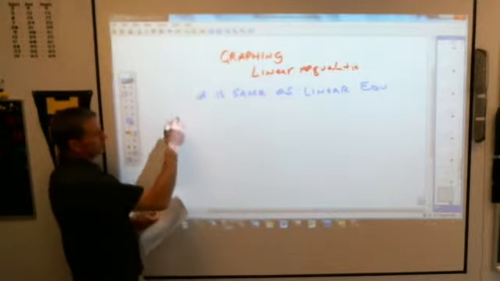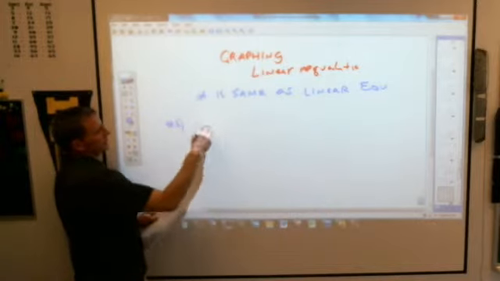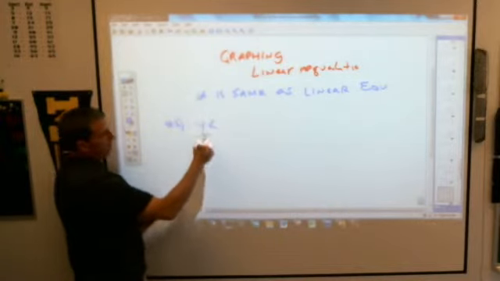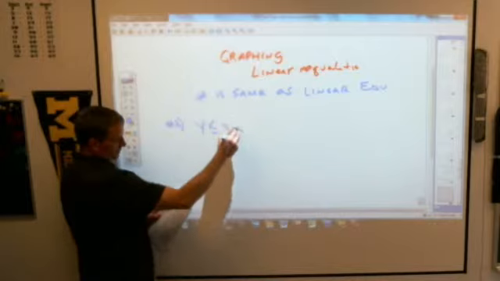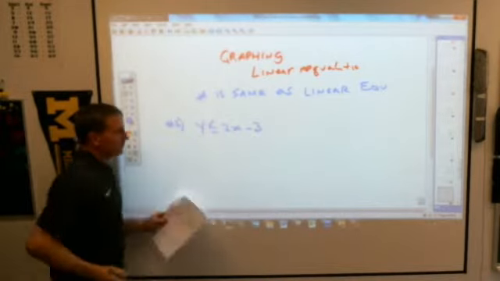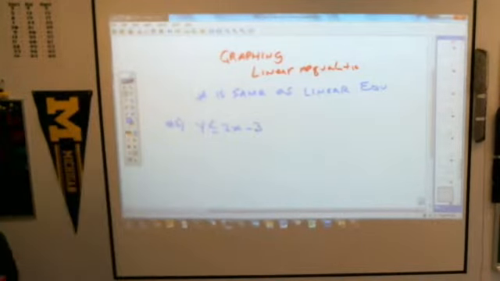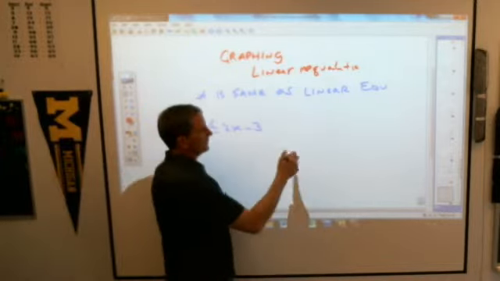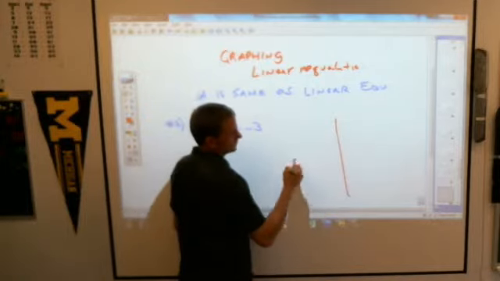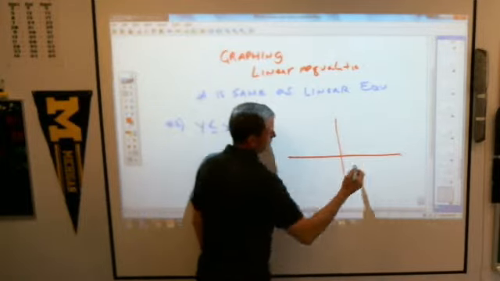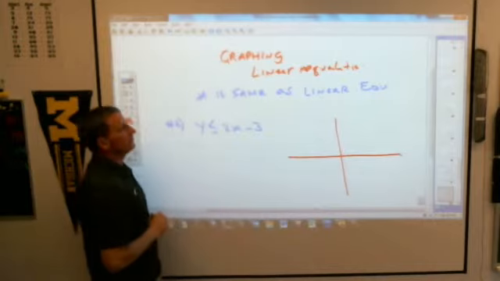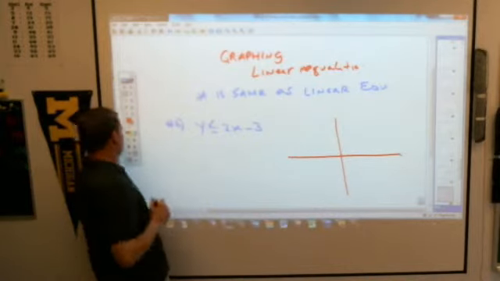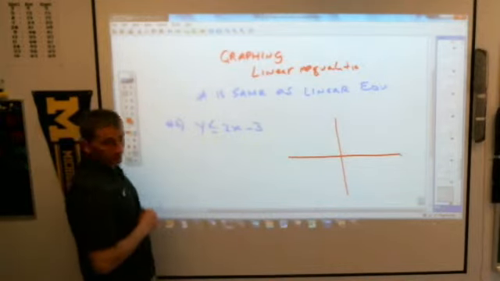Problem number 2 on your paper was y is less than or equal to 2x minus 3. If you were thinking about that as a linear equation, what form is it in? Y equals 2x minus 3. Standard or slope-intercept? Slope-intercept.